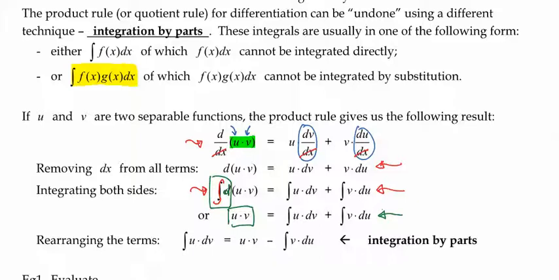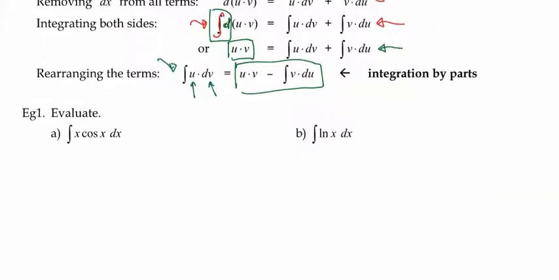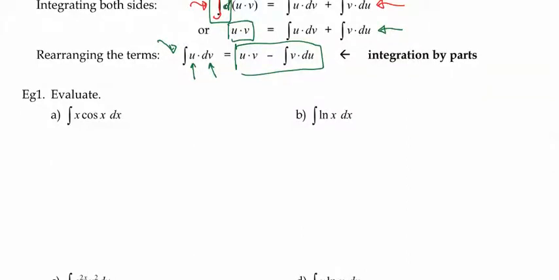So by rearranging your expressions, if we let u be something and dv be another part of your integration, we can always integrate expressions like this using the equation here. Now for now it may seem a little bit abstract, but once we start to use some examples, you will start to see how this formula can be applied.